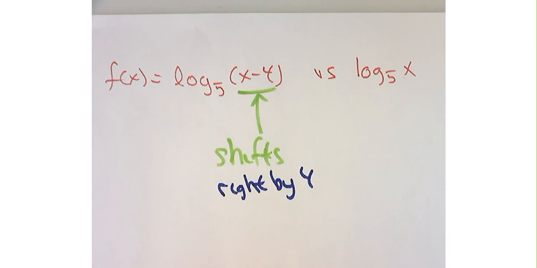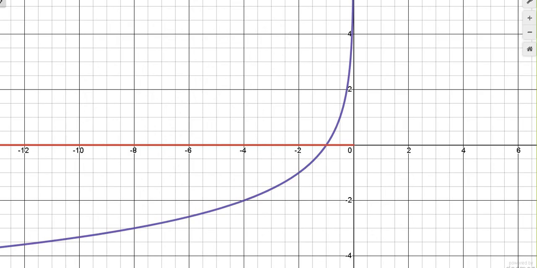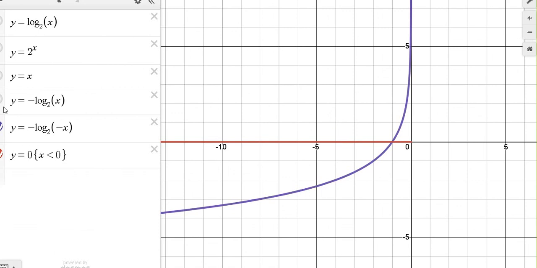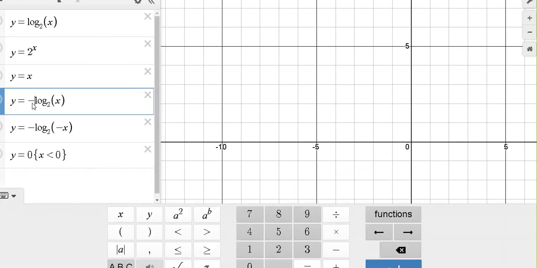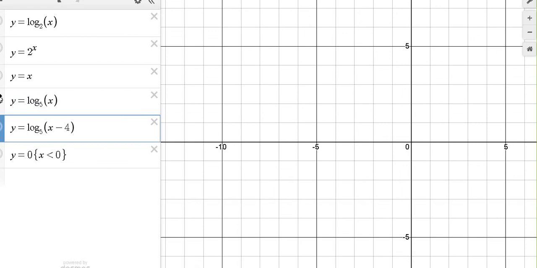And it doesn't hurt to look at that. So let's take kind of a quick look at that. Let me shut that graph off. I'll just turn this one on. Make that base 5. And then I want that again, except minus 4. So here's our graph.